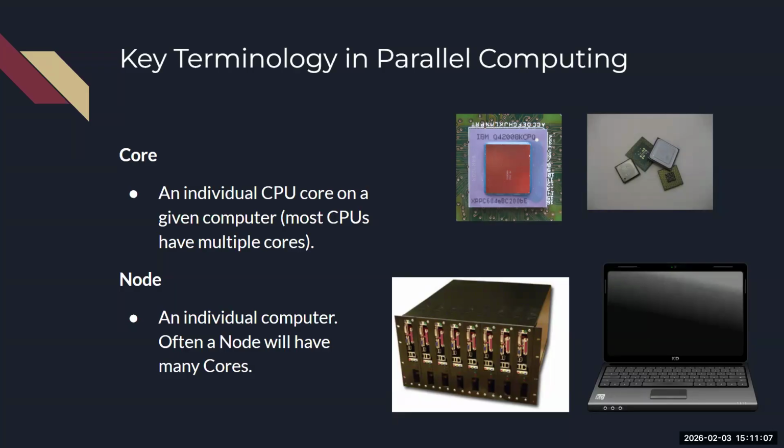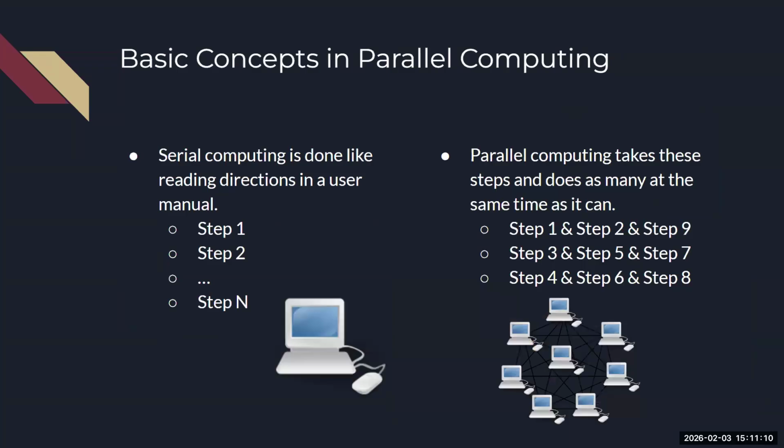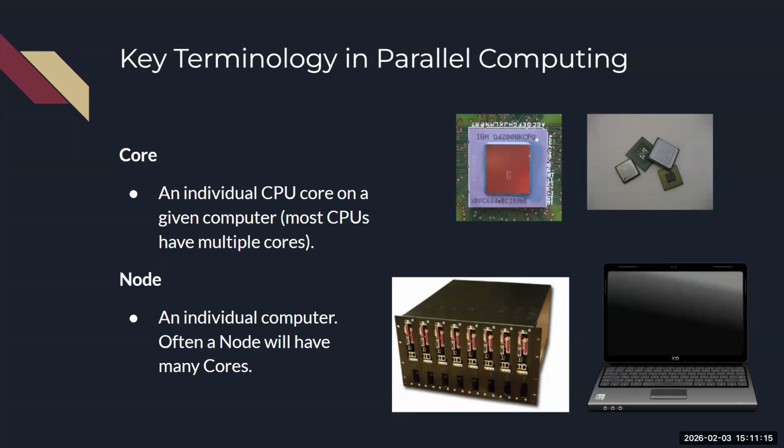Each one of those CPU cores is effectively a little device that can run these step-by-step serial processes. A node is an individual computer, like your desktop or your laptop or a server blade sitting in a data center somewhere in Canada or out in the Sliger building here at RCC. So you can think of a core as an individual unit that runs instructions or runs code, and a node as a physical computer box like your laptop or your desktop.